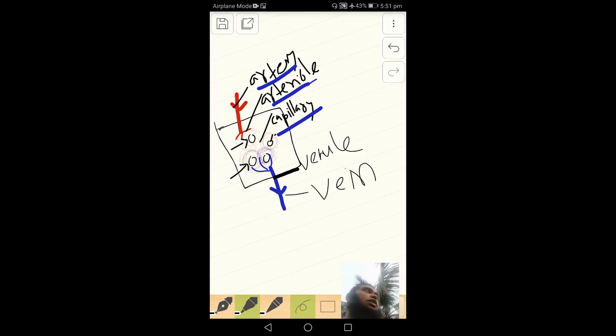Now let's get into the structure of the artery, the vein, the venules, the capillary, etc. First of all, let's start from the structure of the artery, and let's have a look at a comparison.